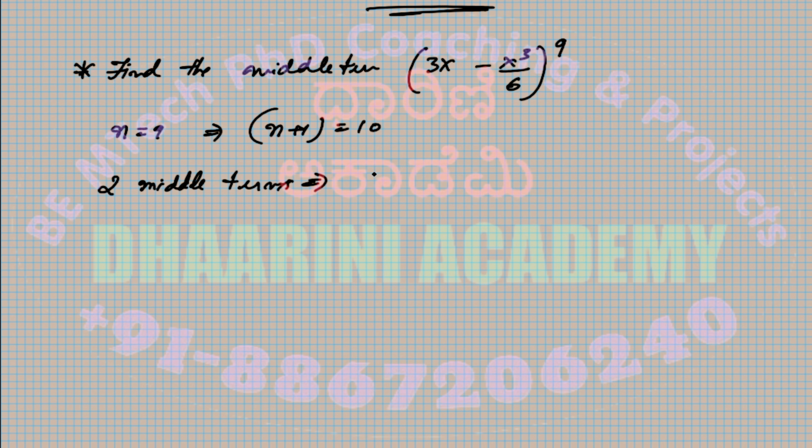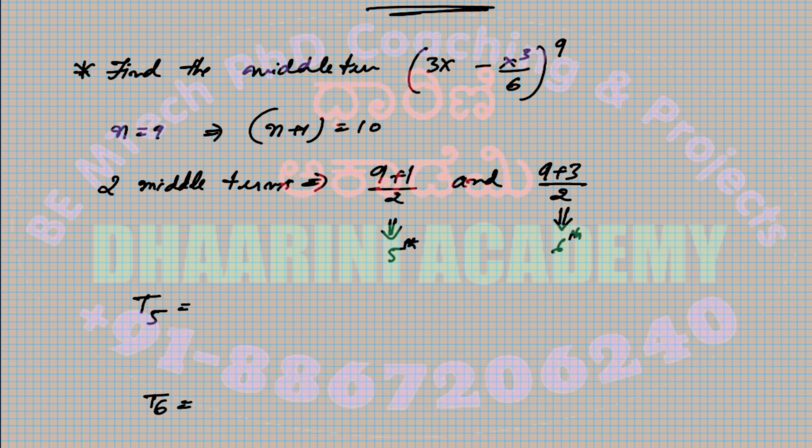What are the two middle terms? One is the ((9+1)/2)th term, and another is the ((9+3)/2)th term. This means it is the fifth term and sixth term. Simply find T5 and T6.